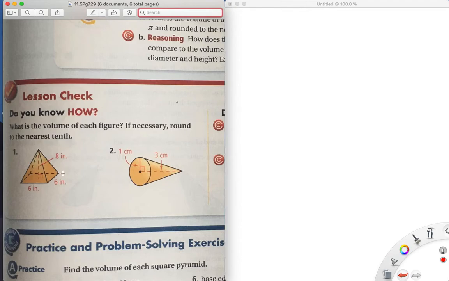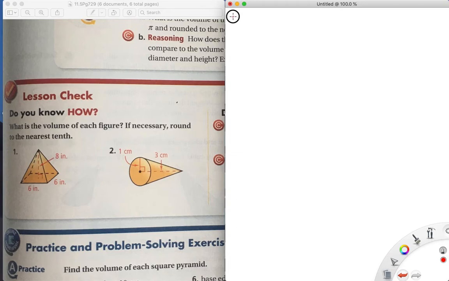And we have a pyramid here for number 1. They give me a height of 8, and I have the side of 6. We could say that the area of the base is going to be 6 times 6, which is 36. And I'll rewrite that, 6 squared, which is 36.